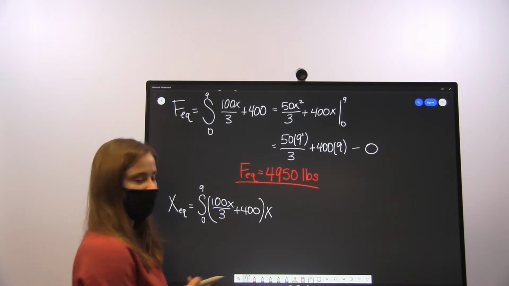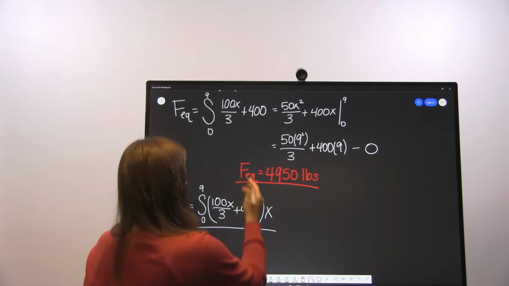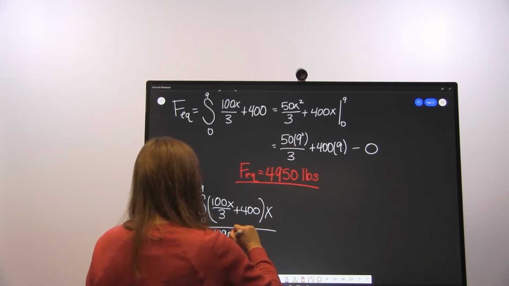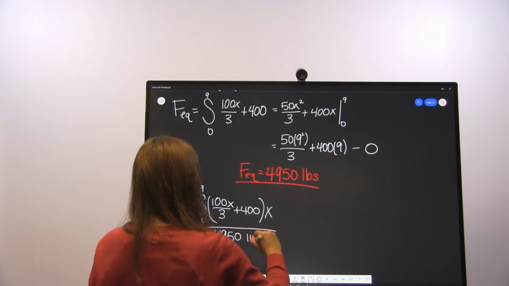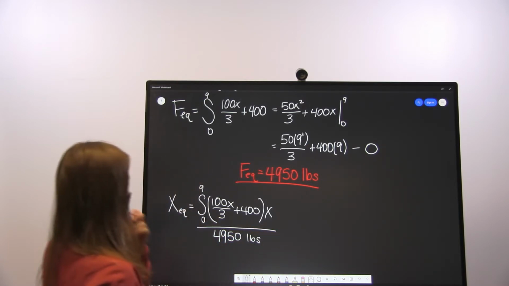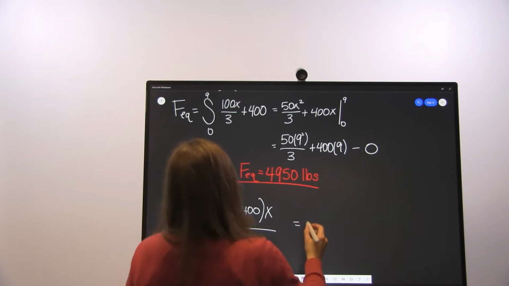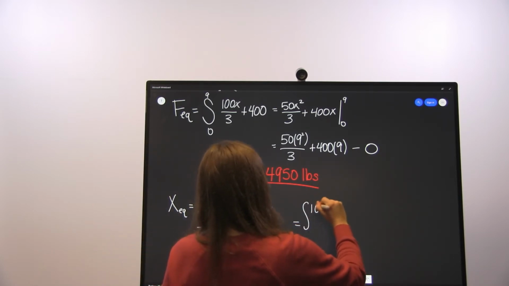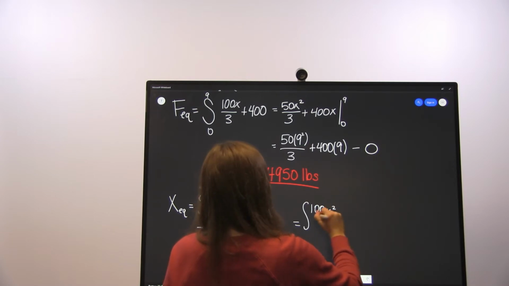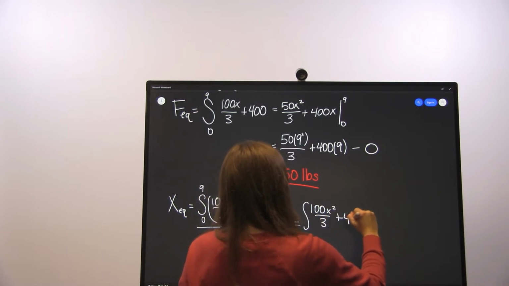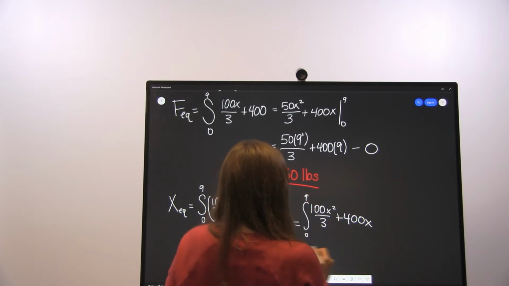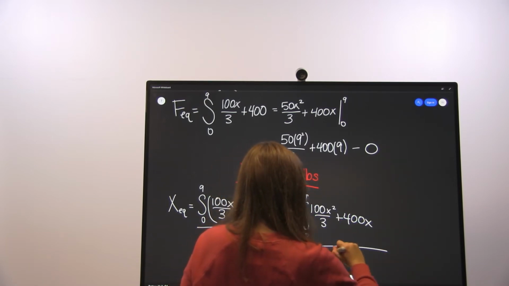And then we divide that by our equivalent force, 4,950 pounds. We're going to go ahead and solve that. That's going to give us 100 x squared over 3 plus 400 x from 0 to 9, over 4950.